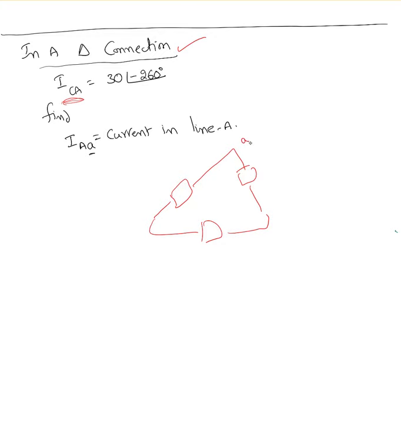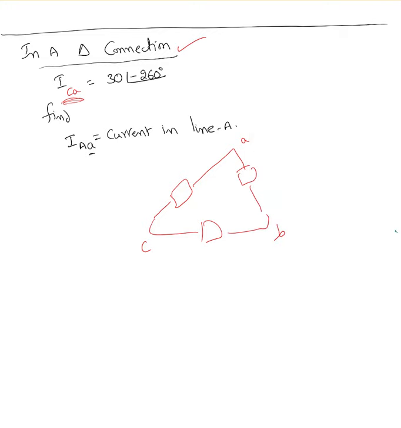So this is A, B and C. When it comes to the load, usually we represent with the small letters. Okay, a, b, c. I should have represented this as a small letter. Let me represent this as a small letter ICA.